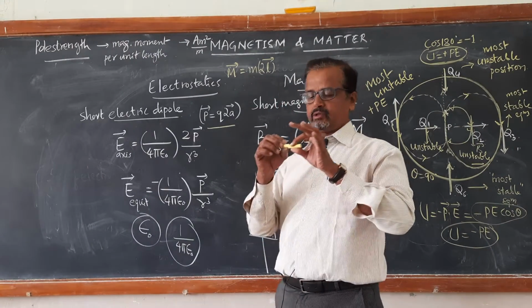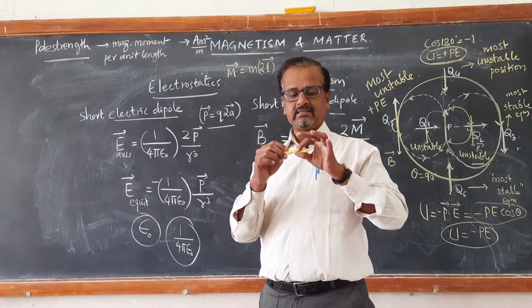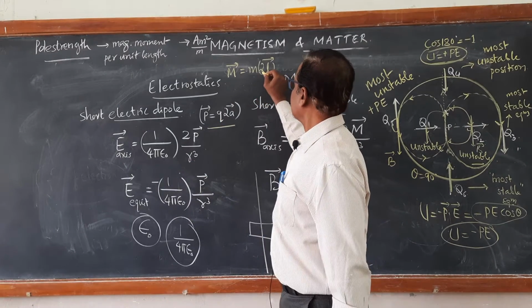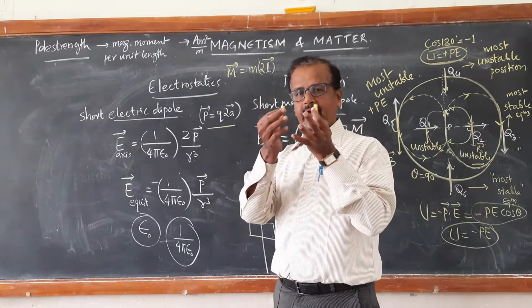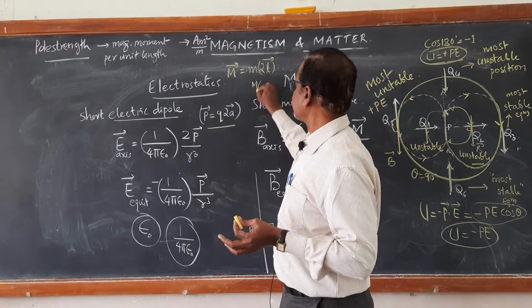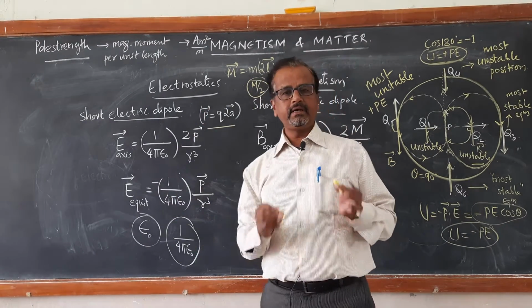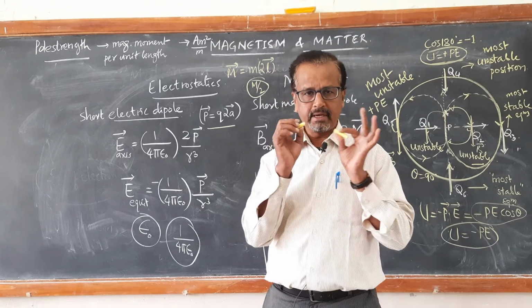So, when it is cut into two halves perpendicular to its length, the length 2l becomes L. As a result, each will have magnetic moment m by 2.